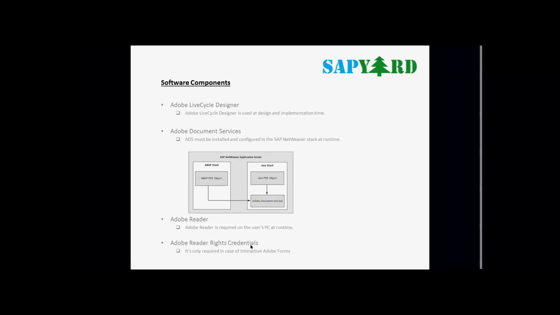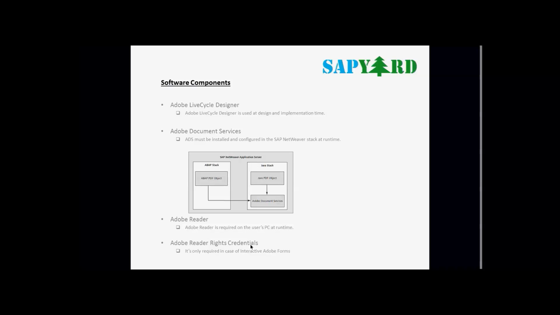The Reader Rights credentials are identified by a .pfx file. That .pfx file can be obtained from the SAP service marketplace and then configured in the system. As soon as it is configured, ADS will identify that it is ready to convert any PDF into an interactive form if we provide that indicator.